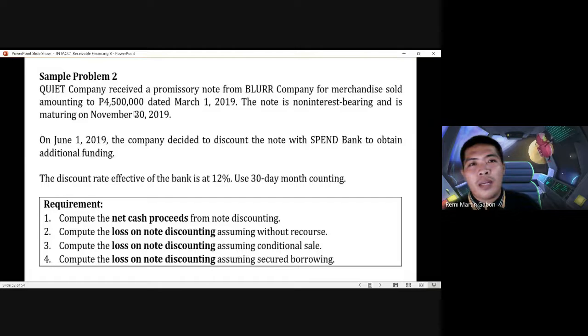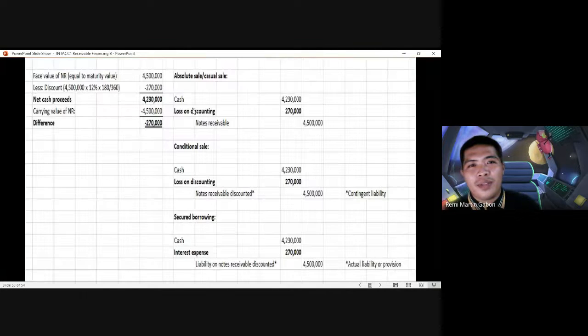Short term lang naman siya, short term promissory note. So wag na i-amortize, diretso na agad. Pero kung ina-amortize pa yan, yung i-recognize natin na carrying value, yung nasa amortization schedule. Pero since ito hindi siya ina-amortize, diretso na 4,500,000.